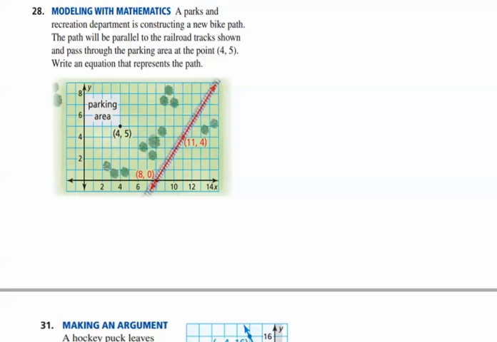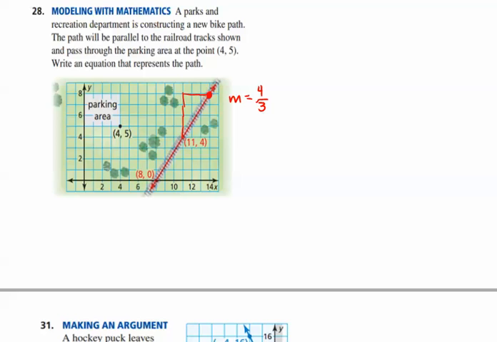We have one good point so far, but we need another good point. I am going to assume that this point way up here is another good point. Let's see what that gives us for a slope. Up 1, 2, 3, 4. Up 4 over 3. So the slope of the railroad track would be 4/3.